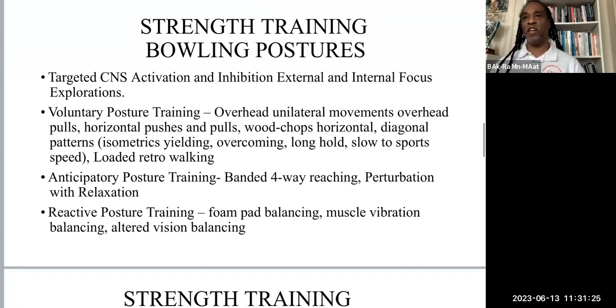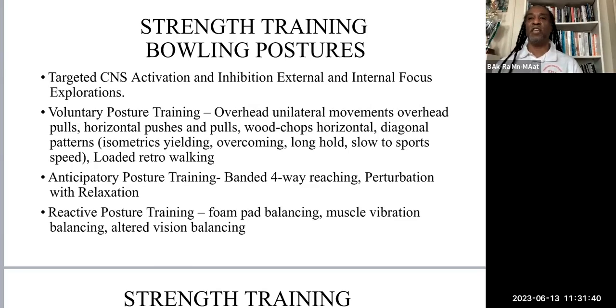Now, this is strength training for bowling postures. Again, you see there the targeted CNS activation inhibition and external and internal focus explorations, and the 3 postures that we just discussed.